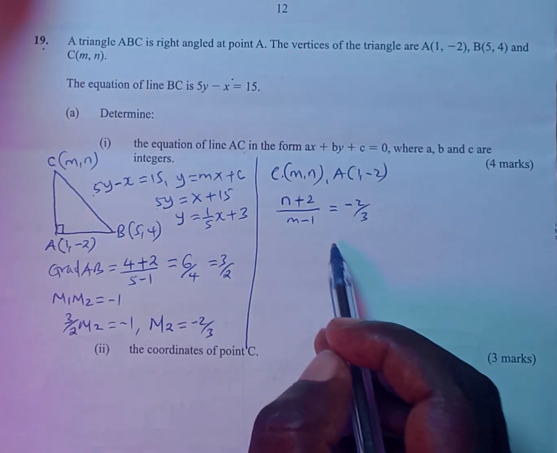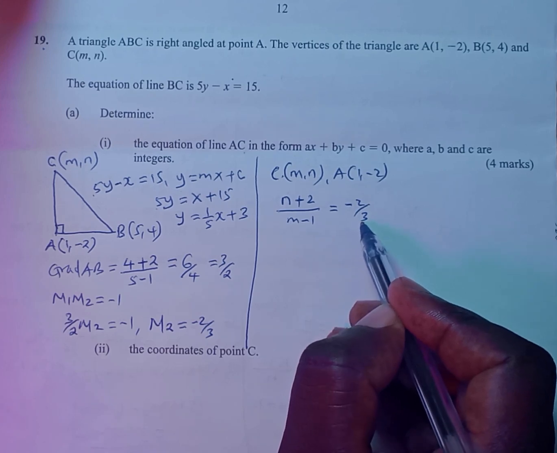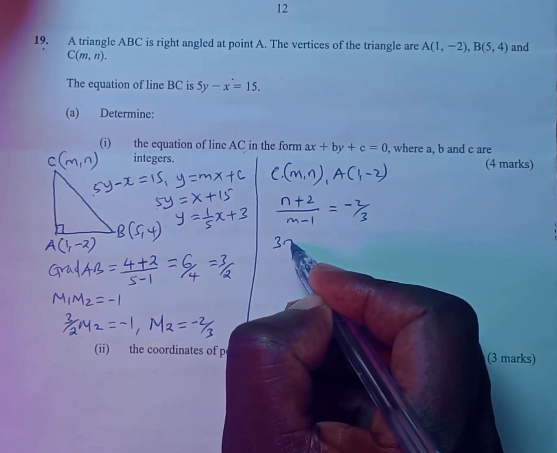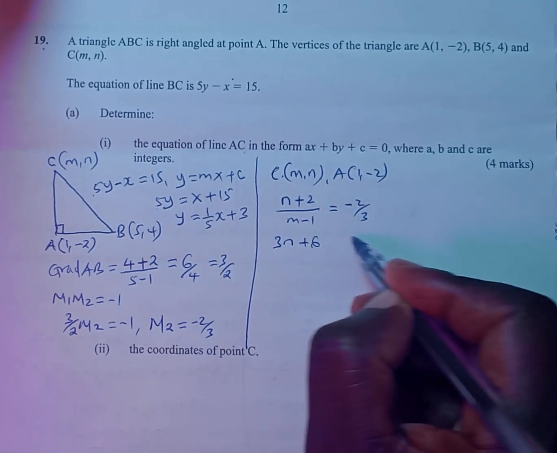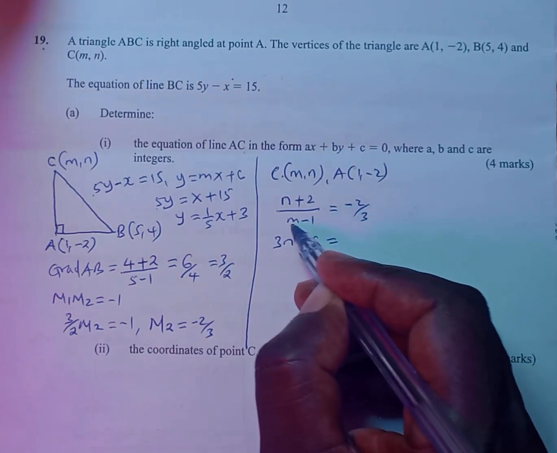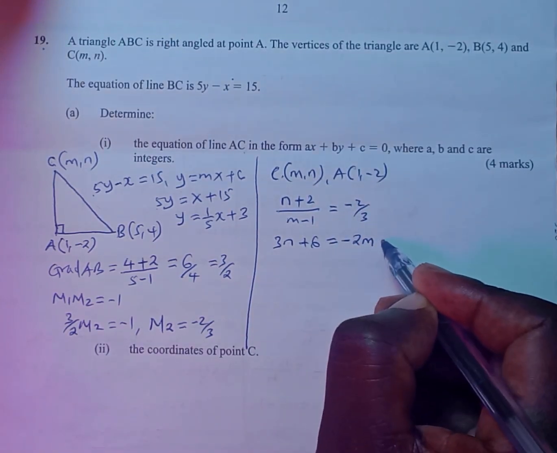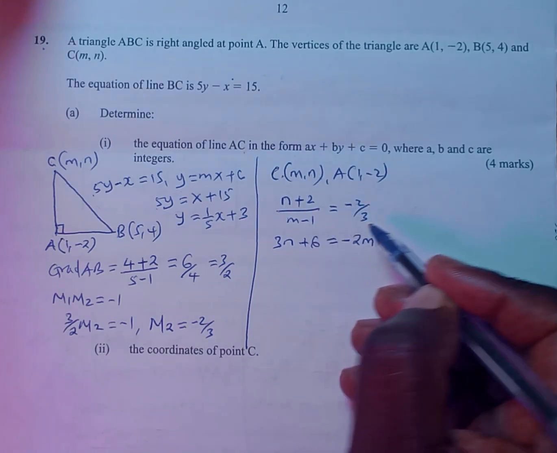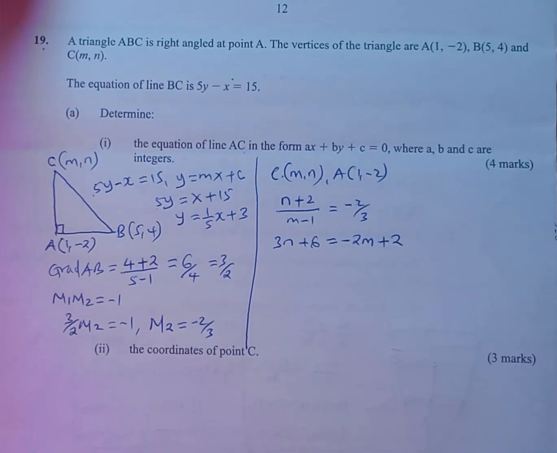If you cross multiply, we are going to have 3 times n, giving us 3n, then 3 times 2 giving us +6, being equal to -2 times m gives us -2m. Then of course -2 times -1 gives us +2.